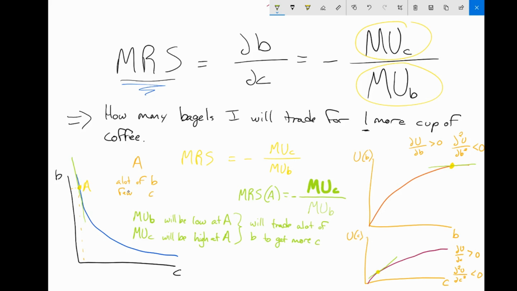Because the marginal utility that they get from bagels is very low. They don't really care about those additional bagels. But the marginal utility they get from coffee is really high. They really want at least one more cup of coffee. And so they will trade a lot at point A.